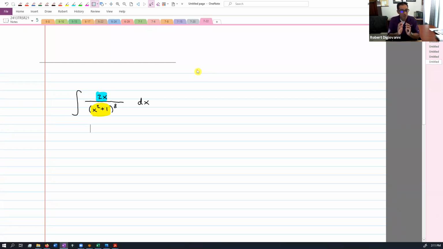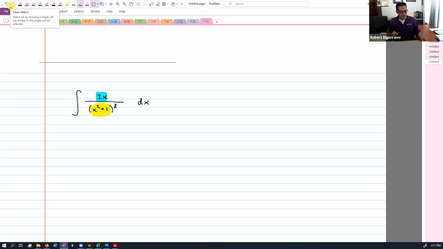What you're going to try and do is grab as much as you can without grabbing too much. For example, if I try and take the x squared plus 1 to the 8th as my something, that's too much. Because what's the derivative of x squared plus 1 to the 8th? 8 times x squared plus 1 to the 7th, times 2x, chain rule, right? So it's too much. So it's this delicate balancing act where you're going to try and identify the something, get as much as you can without going too far.